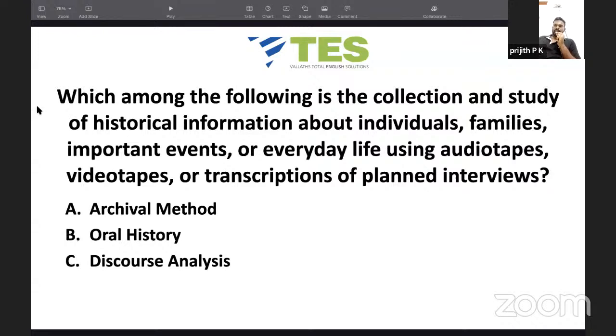Question: which among the following is a collection and study of historical information about individuals, families, important events, or everyday life using audio tapes, video tapes, or transcriptions of planned interviews? Options: oral history, archival method, discourse analysis.